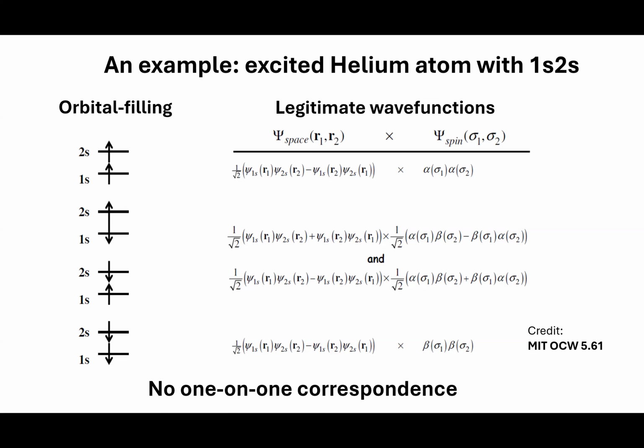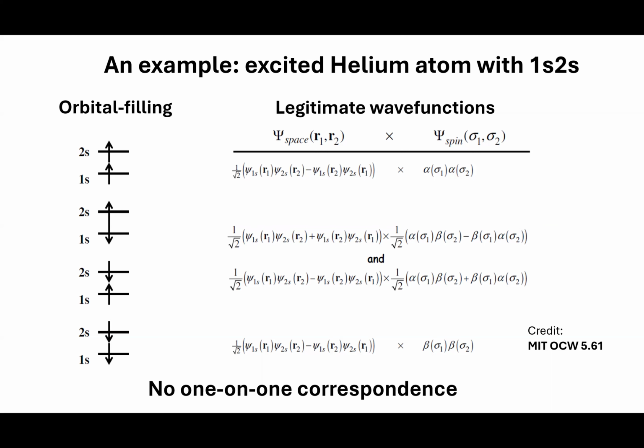So these are the wave functions describing the excited two-electron system. You can see how complicated they are, and that they have both the space part and the spin part. For the spin part, you see alpha and beta, corresponding to different spin states: alpha is spin up and beta is spin down.